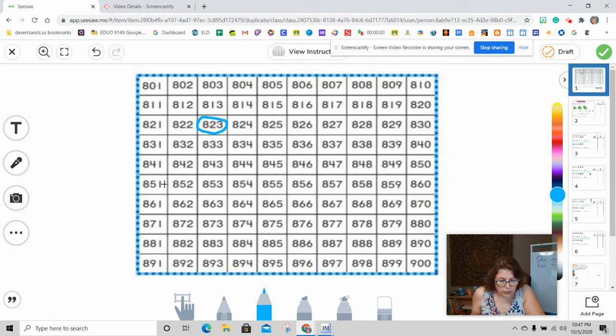Now, in the afternoon, 4 packages of 10 muffins were sold. 4 packages of 10 means there were 4 packages, 10, 10, 10, 10. That means that each one had 10. So I'm going to write 823.